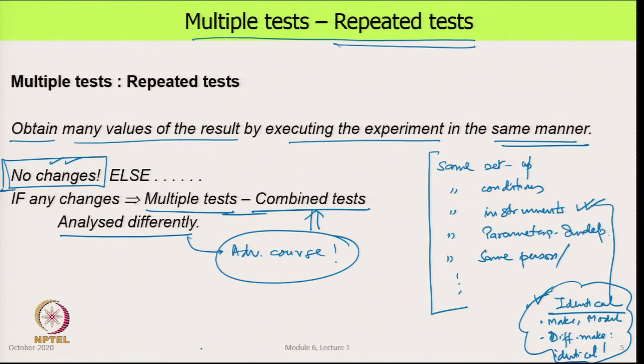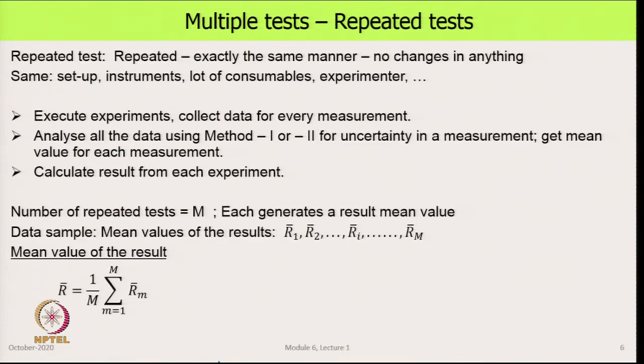But it is important to remember, in what we are going to learn now, the ifs and buts for executing the experiment, and that nothing should change. So, this is what we have said here now, that in the repeated test nothing changes.